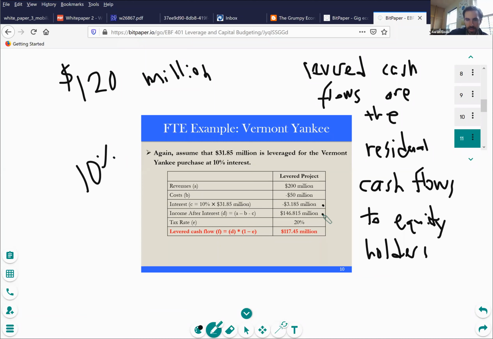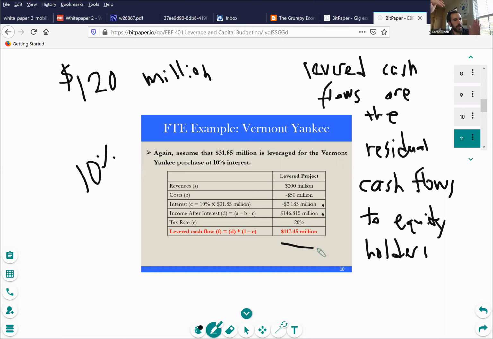So you take 20% taxes off of that 146.815 million, and you're left with levered cash flows of 117.45. So that's what we mean by levered cash flows.